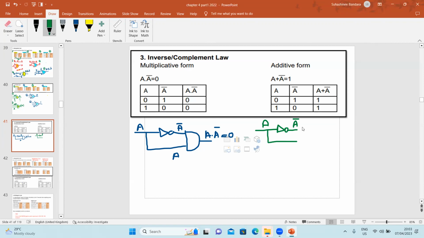And if it is going through the OR gate, we call it 1. Why? If A is 0, then A bar should be 1. Therefore, one side should be 1. If A is 1, A bar should be 0. At least one input should be 1. Therefore, the output will be 1.